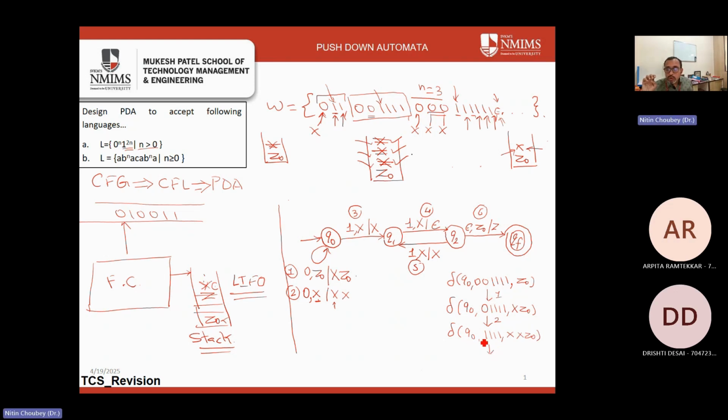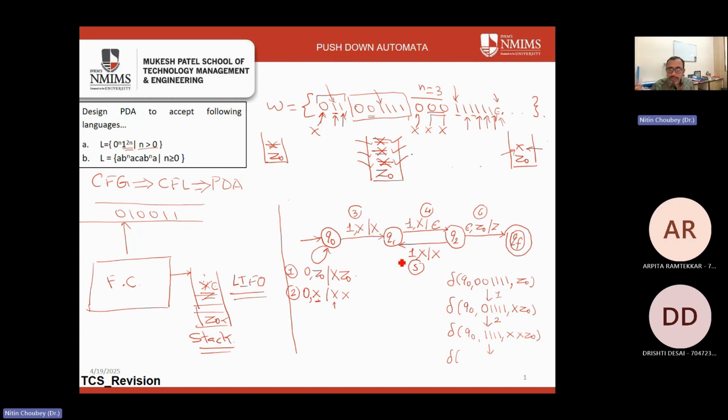Next, Q0, 1X, which is matching with case number 2, rule number 3. So what would be the resultant out of this? Arpita, can you tell me what is the resultant out of it? Rule number 3 says X should be kept as it is.